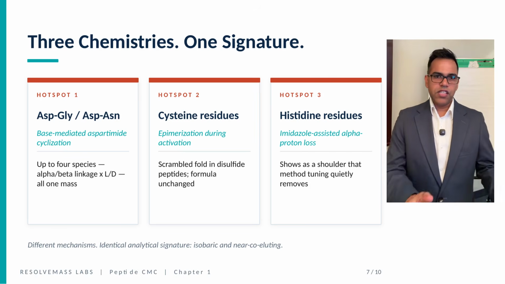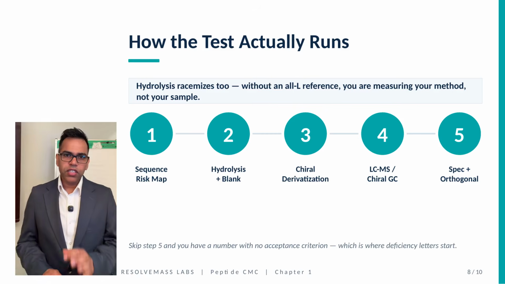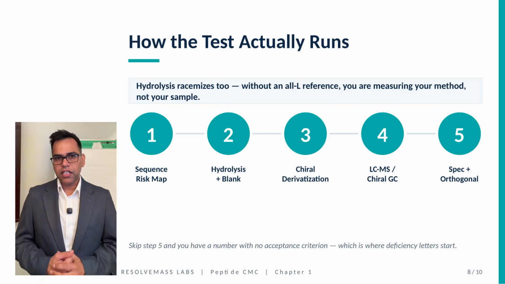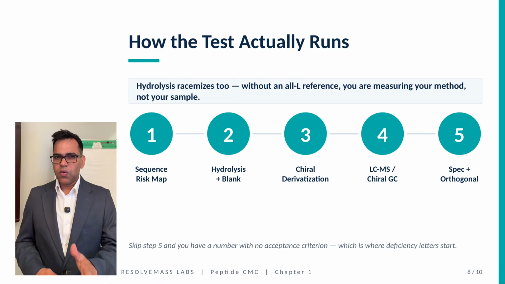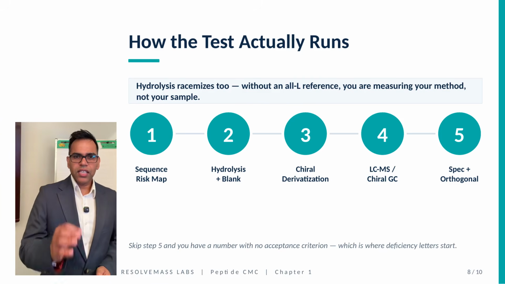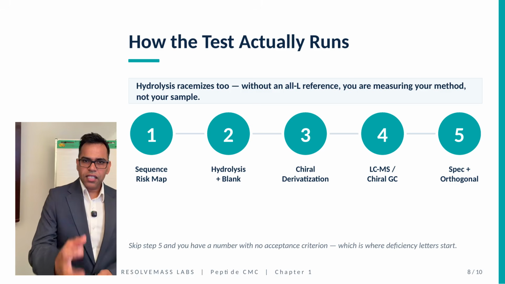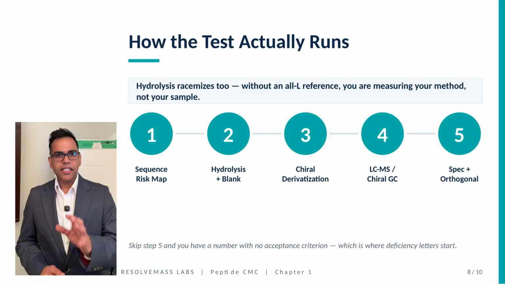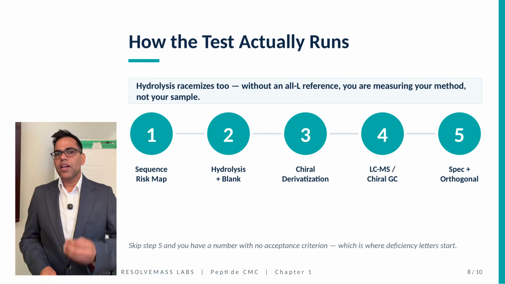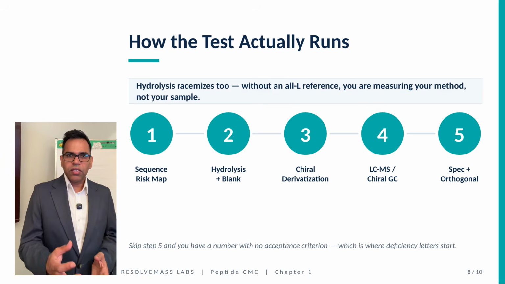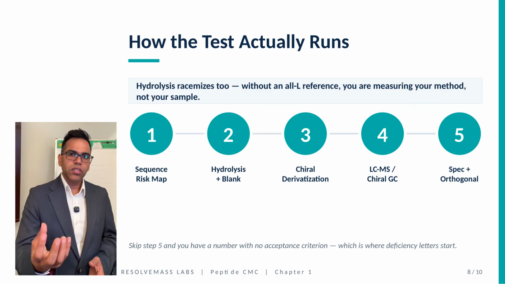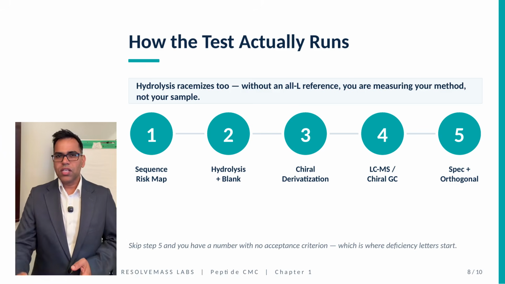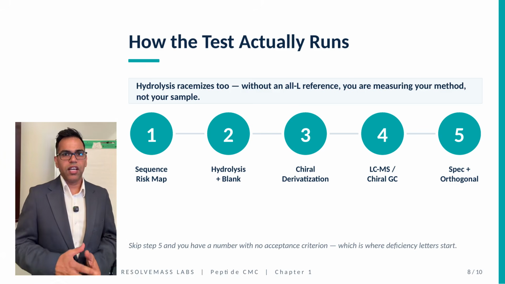Now, how the test runs. Chiral purity testing runs in five stages, and the order really matters here. Stage 1 is a sequence risk map: which residues can racemize and which cannot. Stage 2 is acid hydrolysis, and this is where labs get burned. Hydrolysis itself racemizes a percent or two, so an all-L reference must run alongside every sample so you can correct for it.